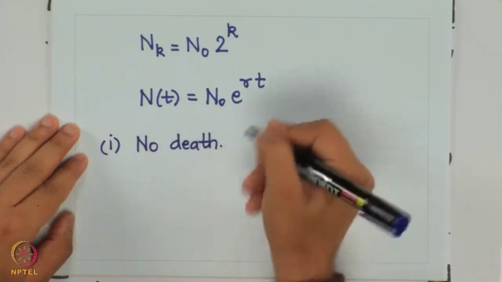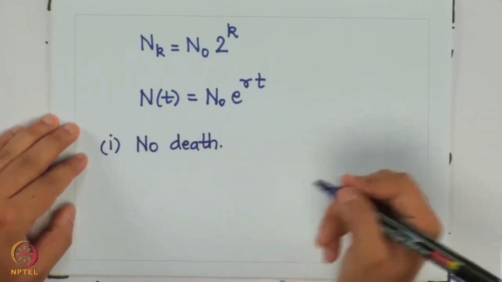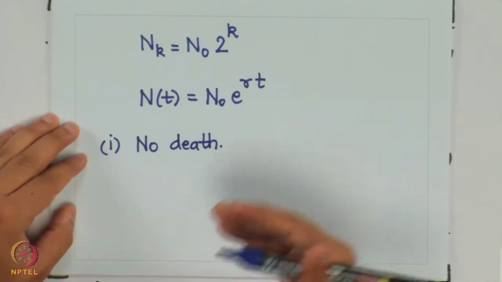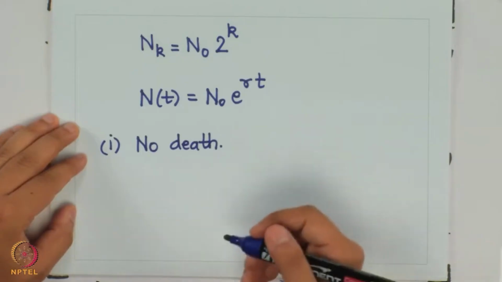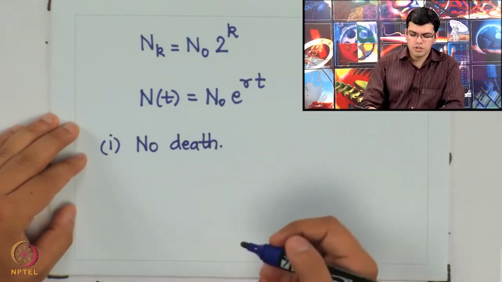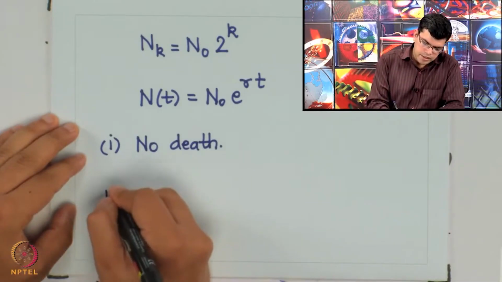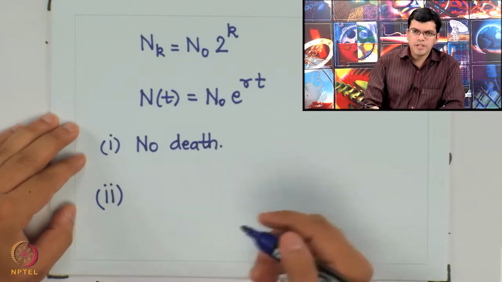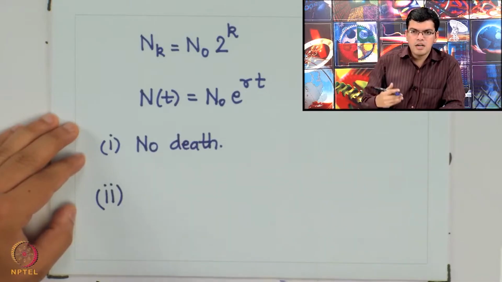In either of these two models, we are not talking of death of bacteria at all. So that's the first thing that we want to incorporate as we move towards more realistic models of bacterial growth. The second thing we want to incorporate is that unconstrained growth for 3 days is not likely to happen in real environments.